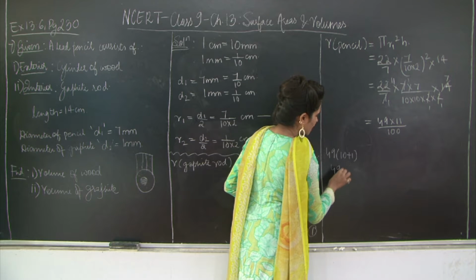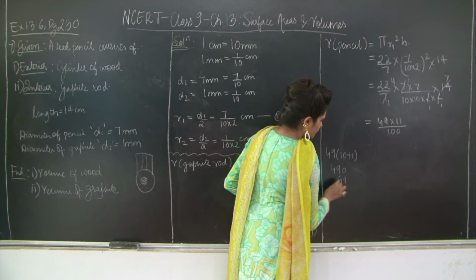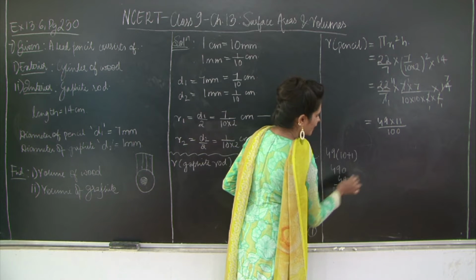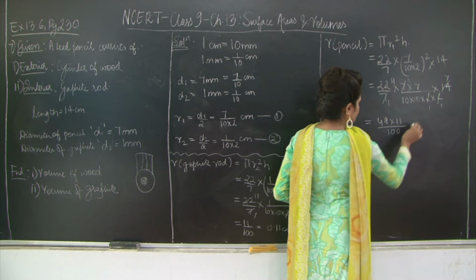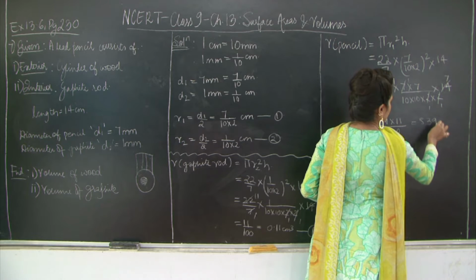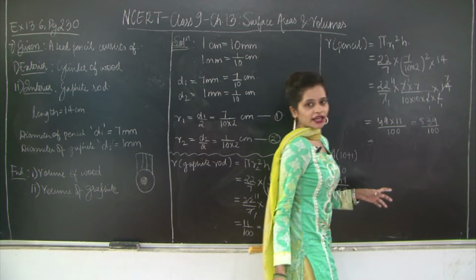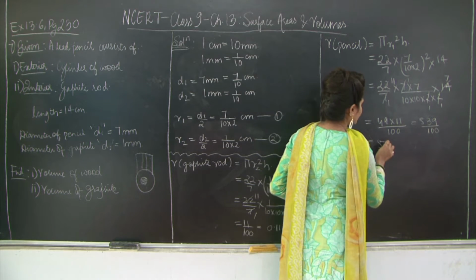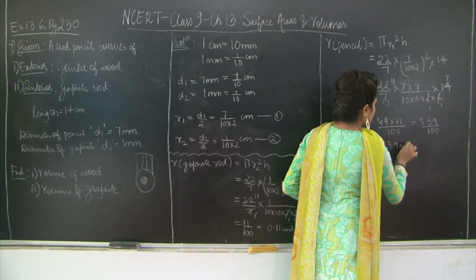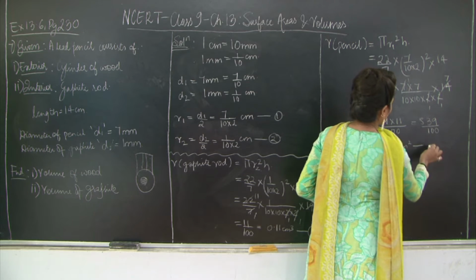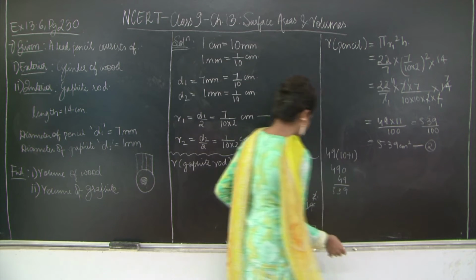So this is going to be 490 plus 49, so 539 upon 100. Shifting towards the left by 2 decimal places, we get 5.39 centimeters cubed. This is the volume of the entire pencil. Let's mark this as 2.